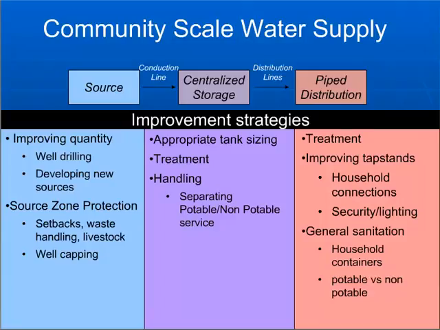And so again, some incremental improvements that may be part of an EWB project would be providing the appropriate size tank, perhaps, to be able to accommodate the peak demand of the system, adding treatment to an existing water system, and also introducing the notion of separating potable versus non-potable water supplies.